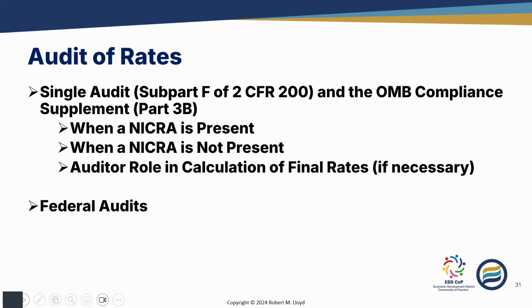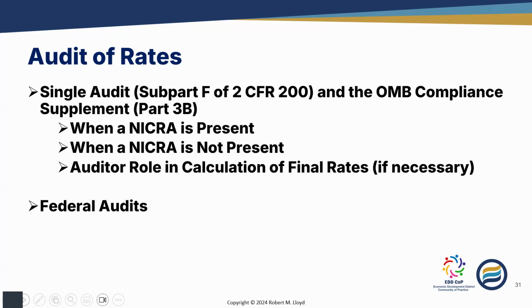If a negotiated indirect cost rate agreement is present, then the auditor can rely on that agreement as a basis for the charges that have been made. In other words, did the negotiated rate agreement get applied in the proper fashion? However, if there's not a negotiated rate agreement, then what's the auditor's role? To determine whether the rate agreement that was used was properly calculated, and then to see whether it was properly applied.